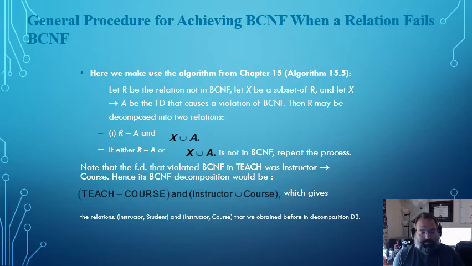Note that the functional dependency that violates BCNF in teach was instructor implies course, hence its BCNF decomposition would be teach minus course and instructor union course, which gives the relations instructor-student and instructor-course that we obtained before in decomposition D3.